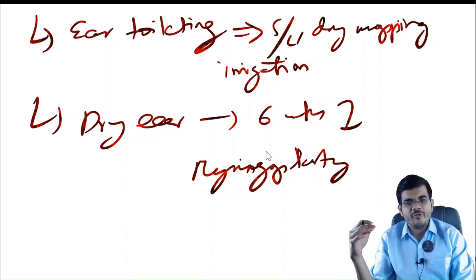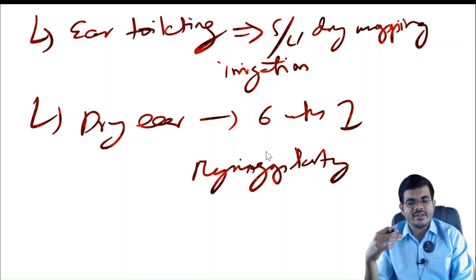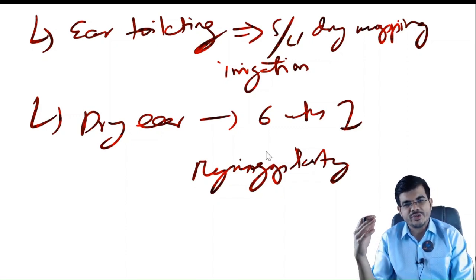Okay, only if the discharge is for more than 3 months can we contemplate on doing a surgery, because most of the time the perforation heals on itself after a case of acute otitis media, and if it is a traumatic perforation, healing by itself is the rule. Okay, so we have to wait for at least 3 months. Even after 3 months, if it is not healing, there is no chance that it is going to heal.